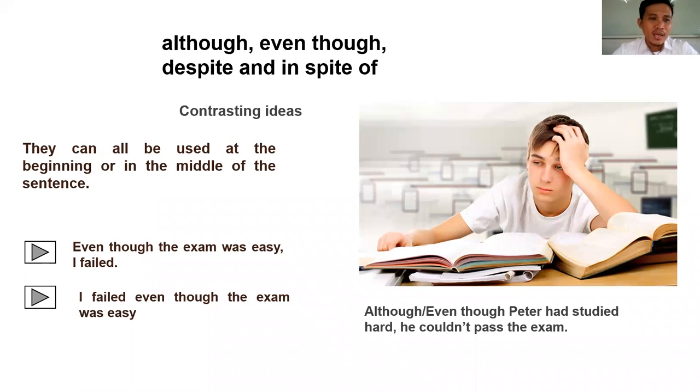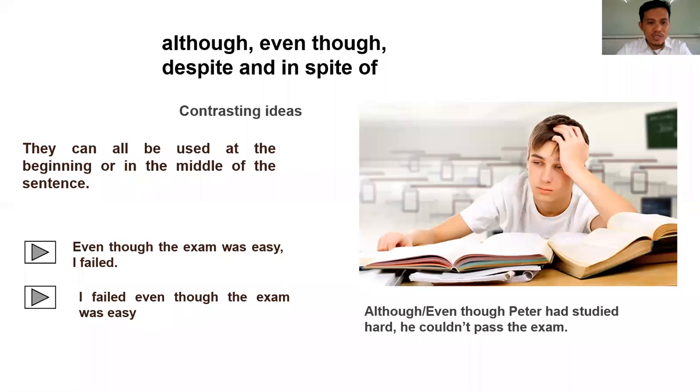They can all be used at the beginning and also in the middle of the sentence. So you can use this connective at the beginning of the sentence, and also in the middle or the end of the sentence. Right, so look at the picture. Here are some examples.